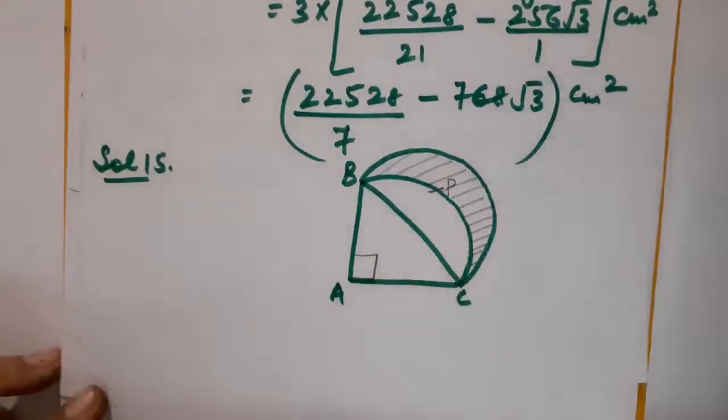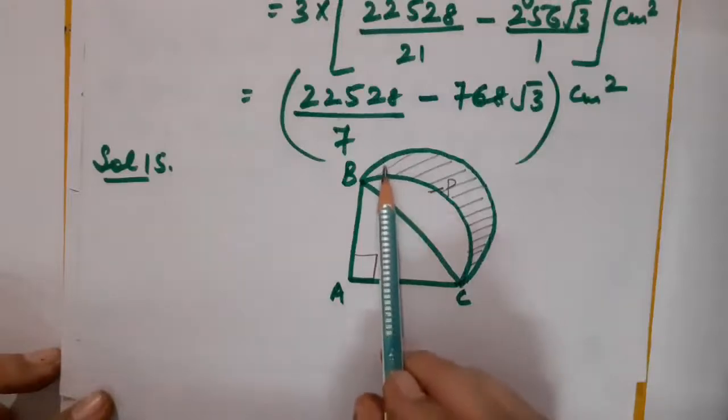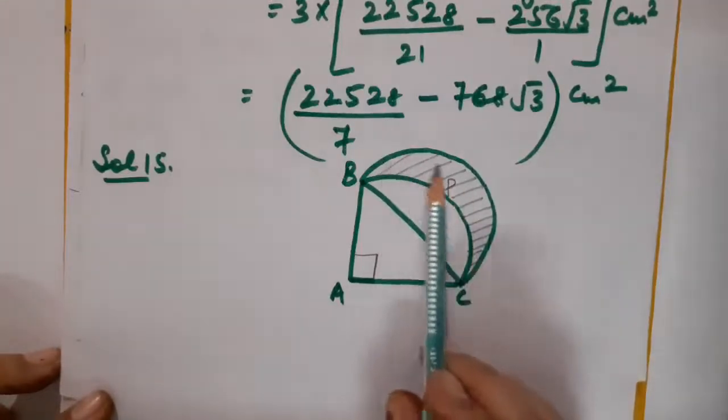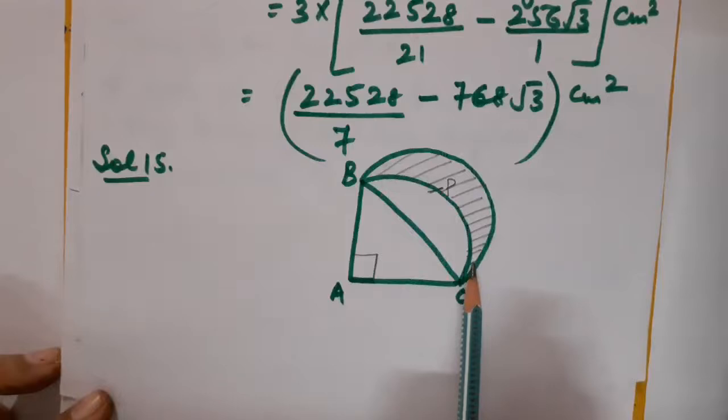So children, now be alert. This is the shaded region and this is nothing but the part of the semicircle, correct?